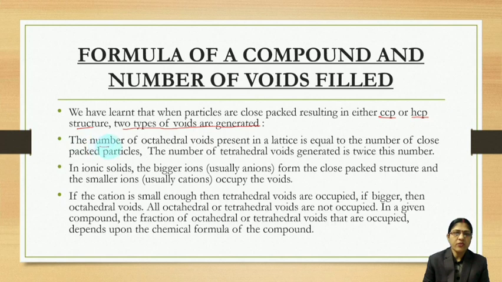The number of octahedral voids present in a lattice is equal to the number of close packed particles. That means if the number of close packed particles is n, the number of octahedral voids will be n, and the number of tetrahedral voids will be 2n, twice this number.